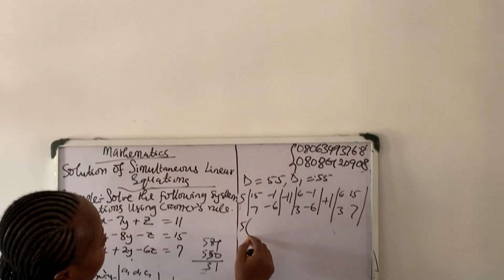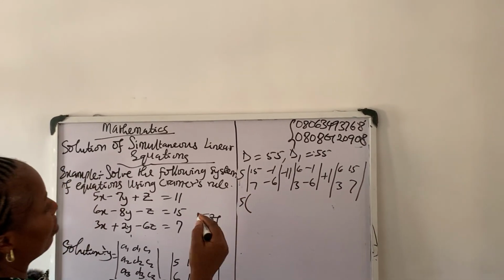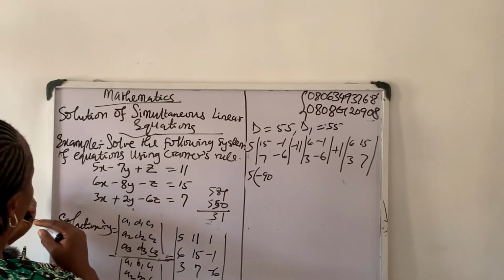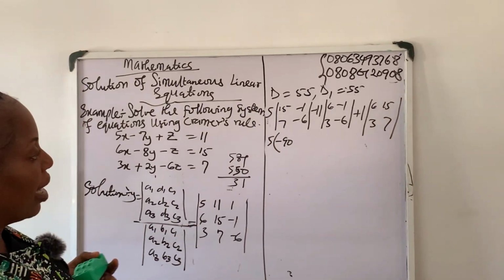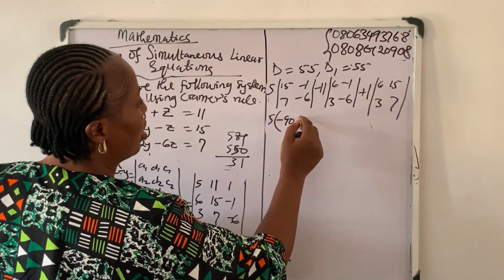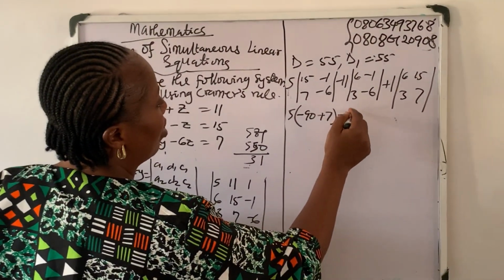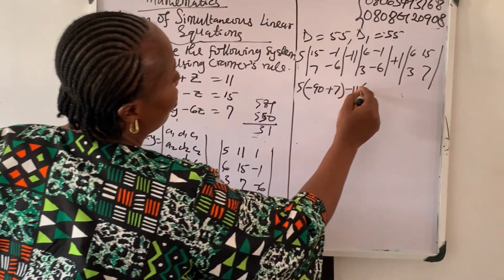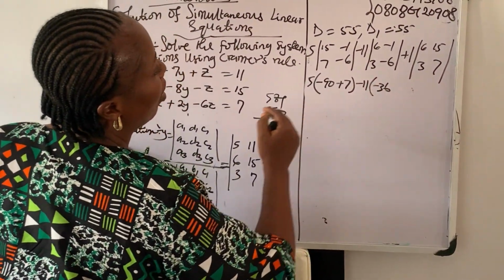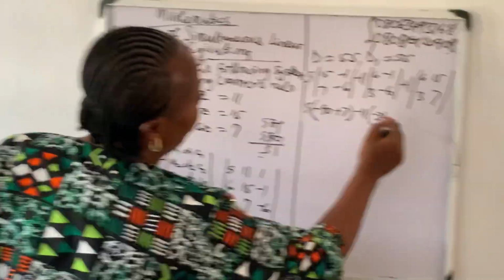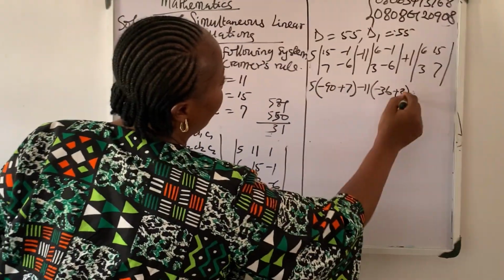You go again. 15 times -6 is -90. -1 times 7 is -7 times minus, it becomes +7. -11 into 6 times -6 is -36. Now -1 times 3 is -3 times minus, it becomes +3.